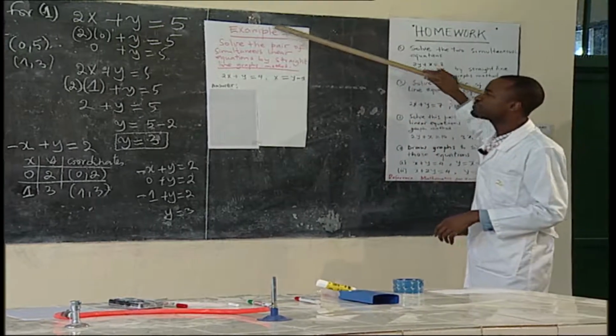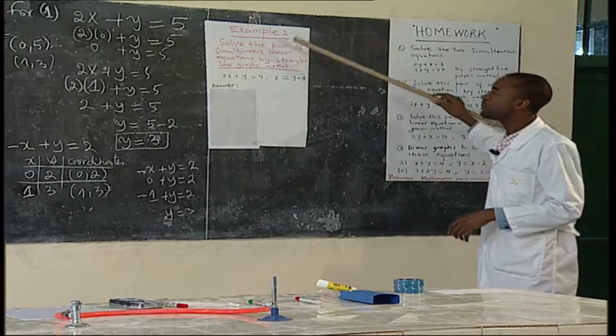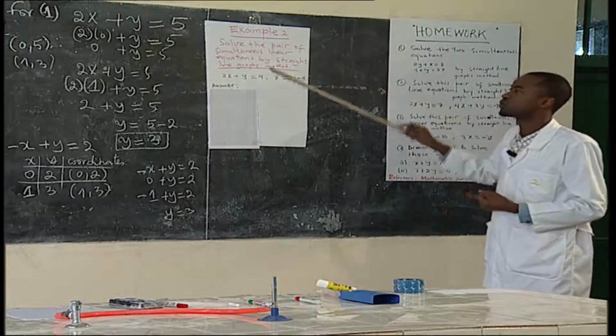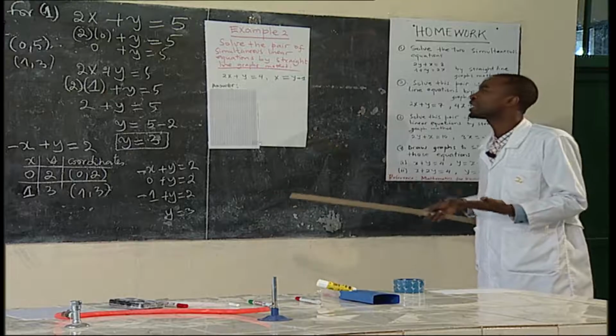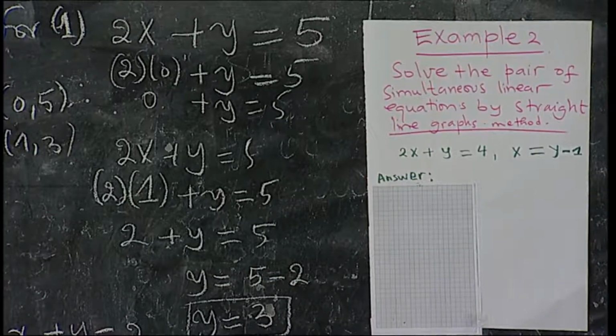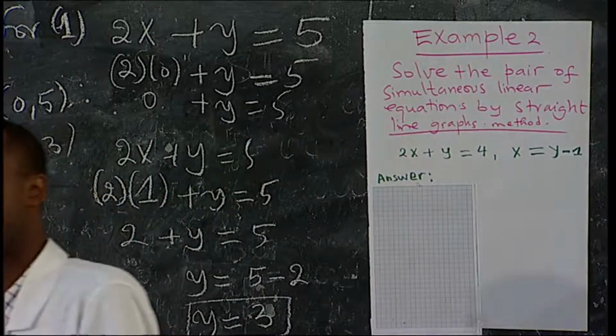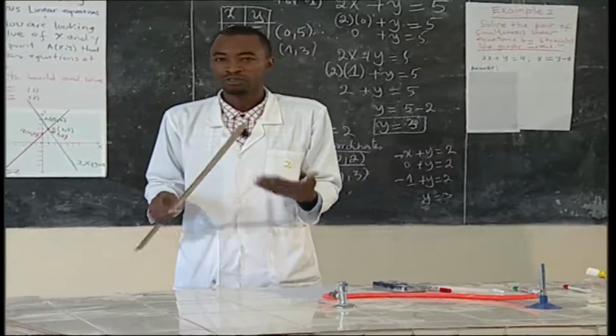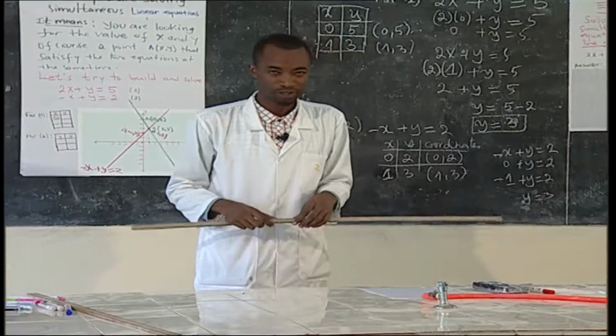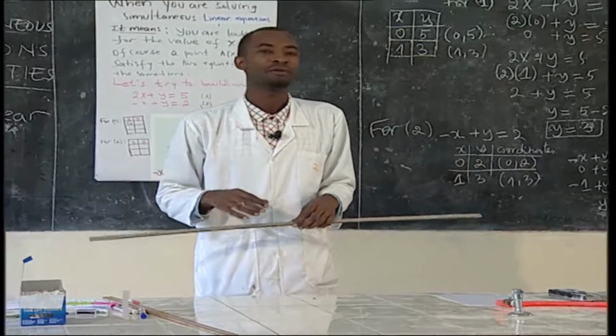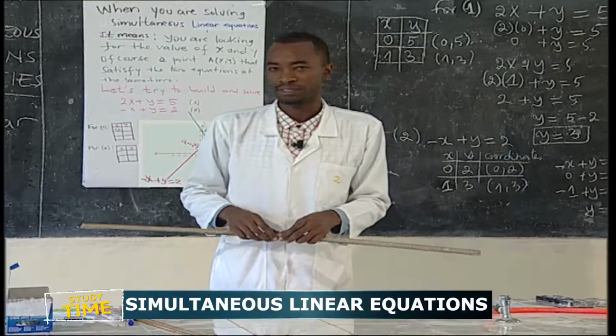Now we have example number 2. Solve the pair of simultaneous linear equations by straight line graph methods. Remember, I told you we have many different methods you can use when you're solving simultaneous linear equations, or in some books we call them systems of equations.